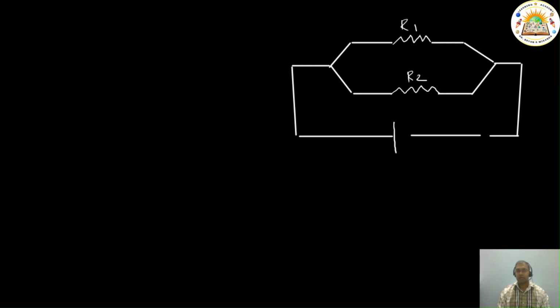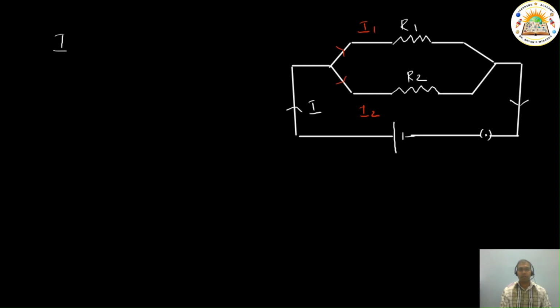I will have a cell here, positive, negative. So this will be the direction of flow of current. Here I am going to have the split. So I can take this as I2 since it is going through R2, I1 which is going through R1, and then I have it coming back. Here I have a plug key where I've inserted the plug for the conduction to take place.